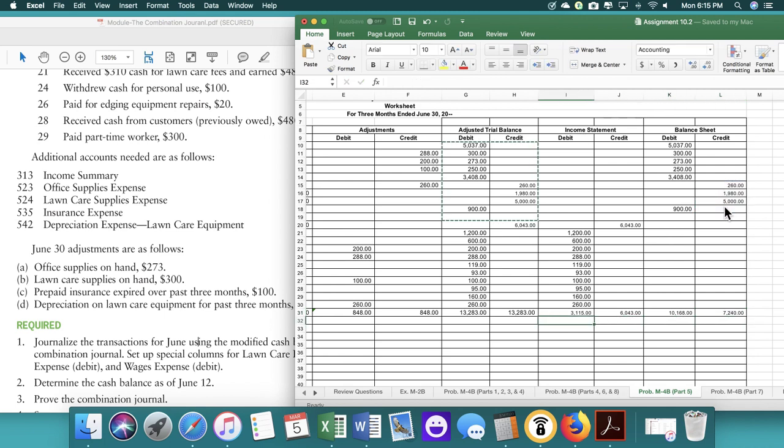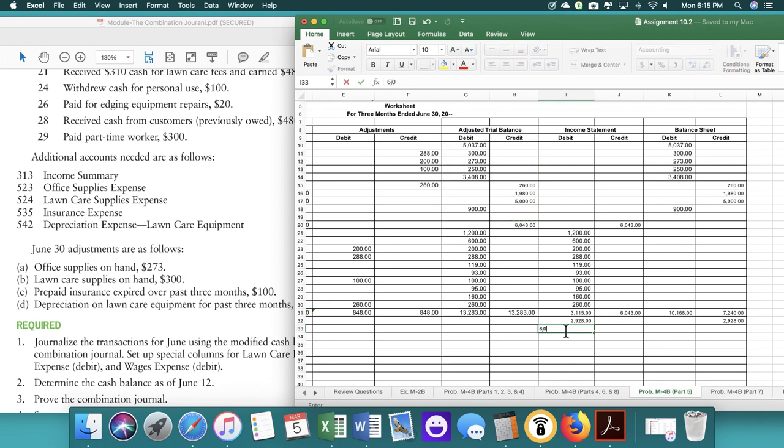Okay. So let's see how much we made. So this is going to equal $6,043 minus our $3,115. It's going to give us $2,928. So let's see if that matches what we have. So we balance.